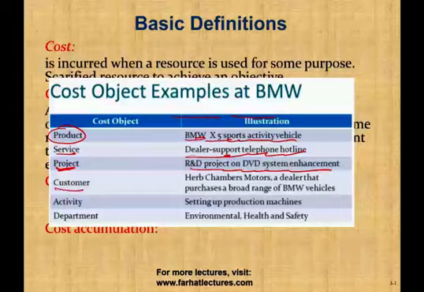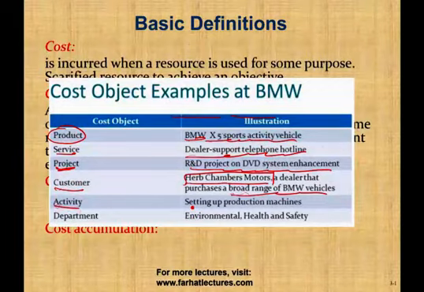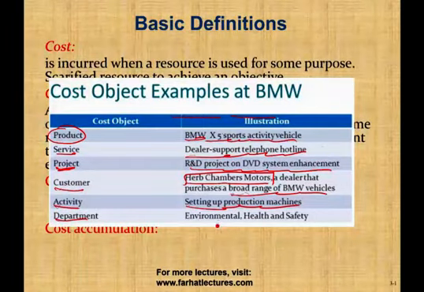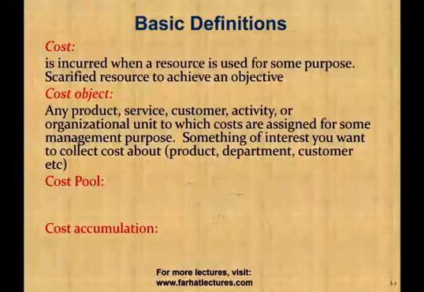It could be a specific customer, Herb Chambers Motor, which is a dealer that purchases a broad range of BMW vehicles. We could be looking at an activity, how much it's costing us to set up a production machine. It could be a department, like the environmental department or health and safety. All of those could be considered a cost object. So notice it's not only the product, it's anything of interest to us as a company that we need to collect information about.